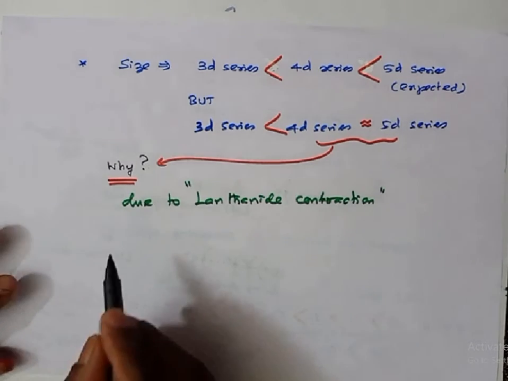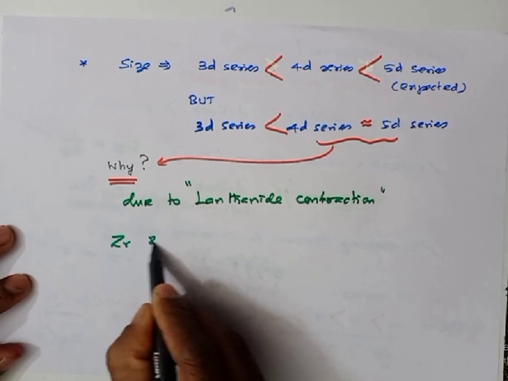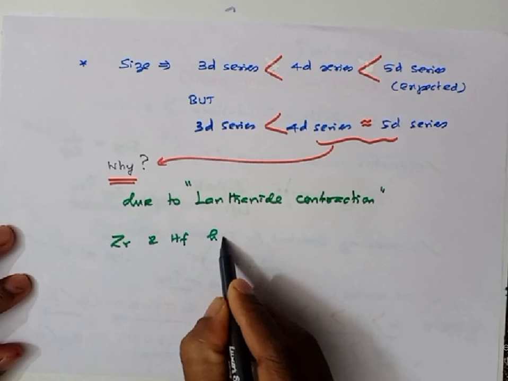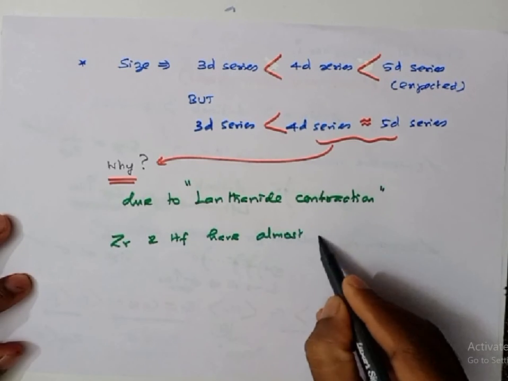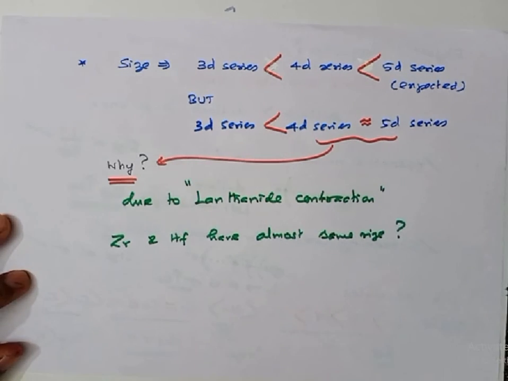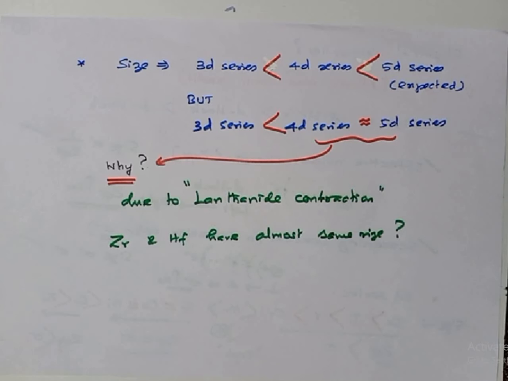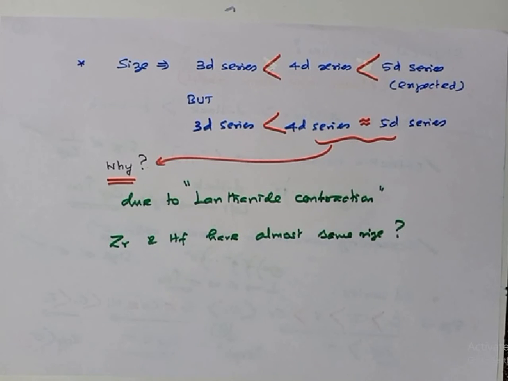Sometimes they ask, zirconium and hafnium have almost the same size. What's the reason? Very simple. The reason is lanthanide contraction.